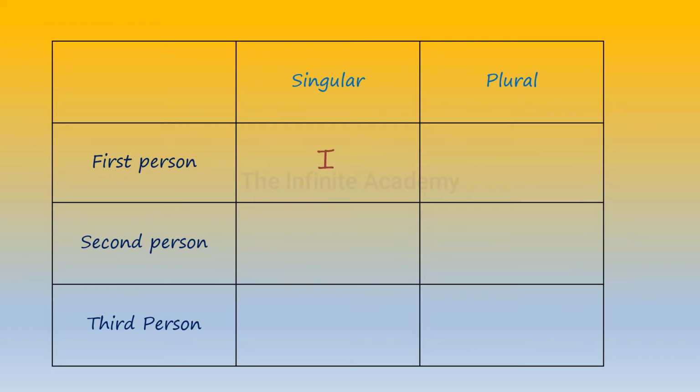So, I is the first person, you is the second person, and he, she or it is the third person. They are all in the singular form. On the other hand, words like we, you and they are first, second and third person plural form of pronouns. I hope you have understood this concept clearly.